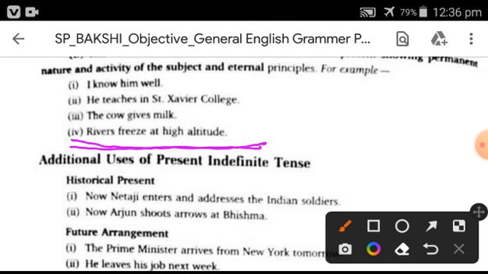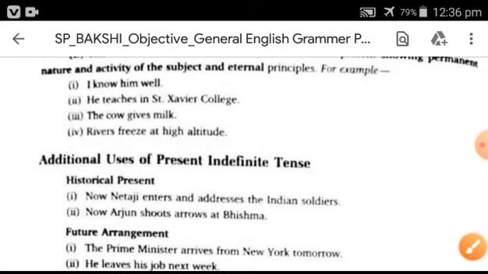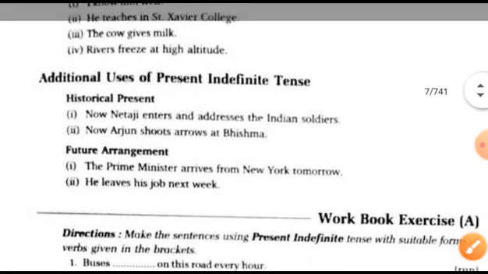When you go to a high altitude, you feel cold, and that is why a river freezes at a high altitude. Right? Okay. And some additional uses of present indefinite tense are also written here.